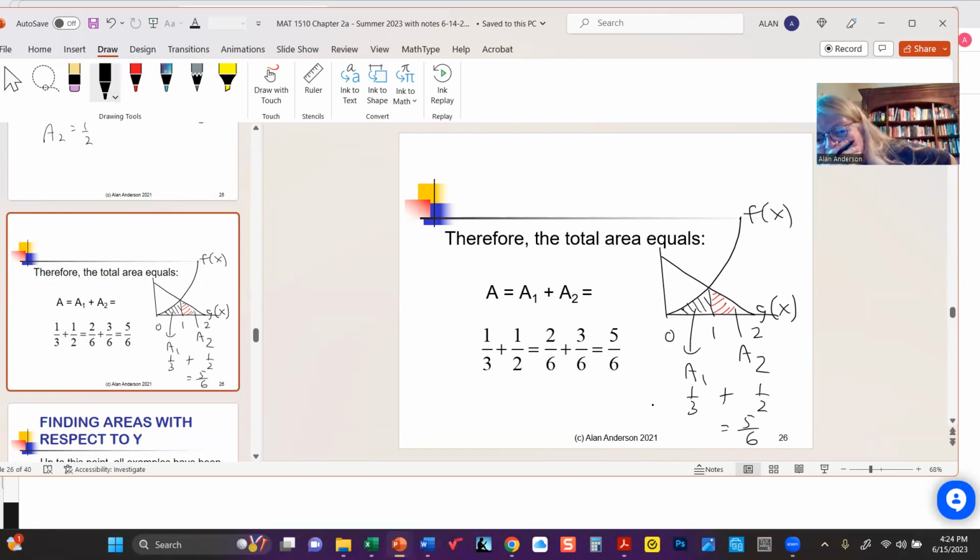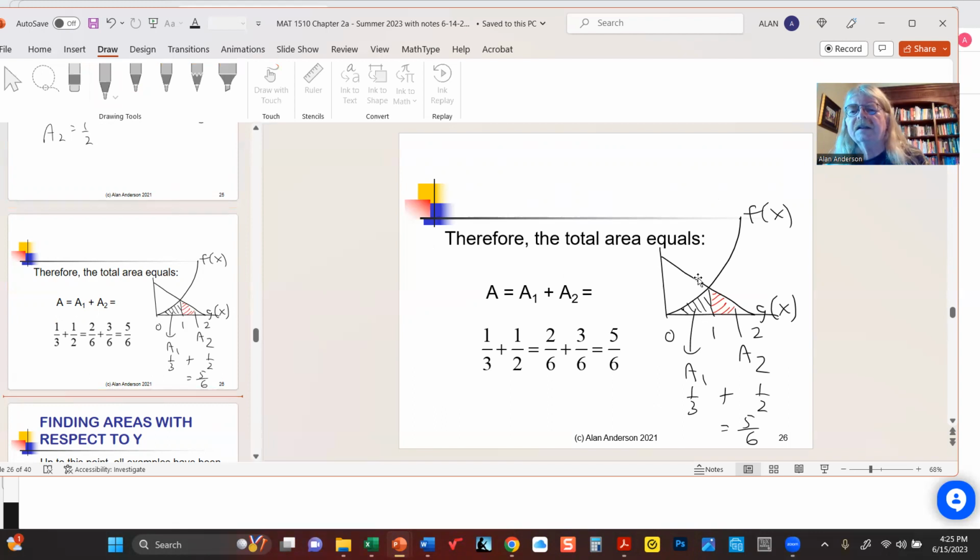If you notice, so far all the examples we've seen, we're looking at an intersection between 2 curves down to the horizontal axis, or maybe between 2 curves without the horizontal axis being involved. But what if we're not interested in those areas? Suppose instead we get something like this.